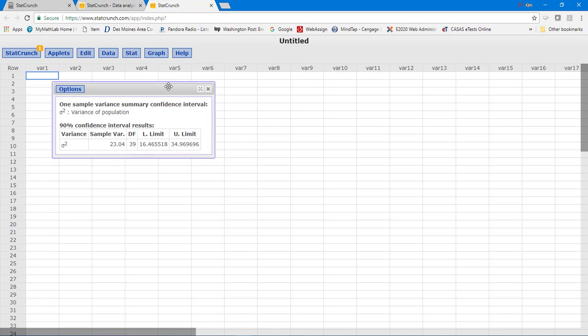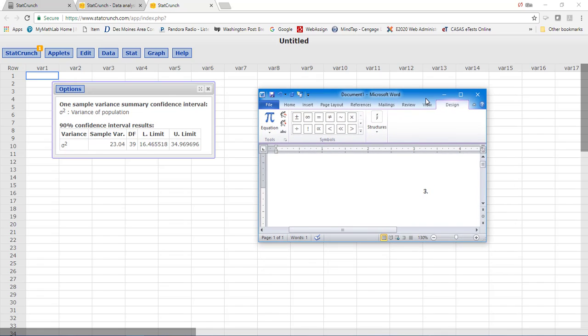Now what I'd like to do is bring in an equation editor here so we can type this out. So I want to type my equation, and I'm going to do 16 point, let's take it out 3 places, and then I'm going to do less than, and then I need to get sigma squared.